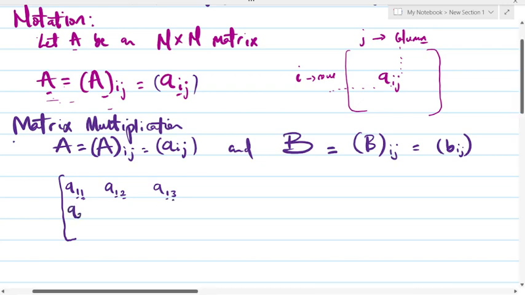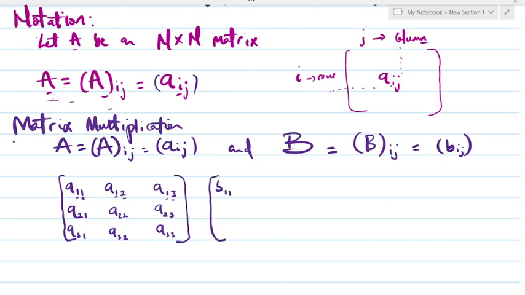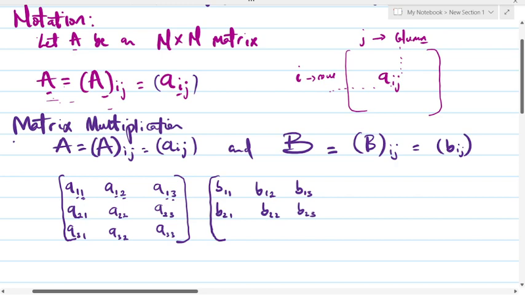And we have row 2, column 1, row 2, column 2, row 2, column 3, row 3, column 1, row 3, column 2, row 3, column 3. Then we have our B, which will be B row 1, column 1, row 1, column 2, row 1, column 3, row 2, column 1, row 2, column 2, row 2, column 3, row 3, column 1, row 3, column 2, row 3, column 3.